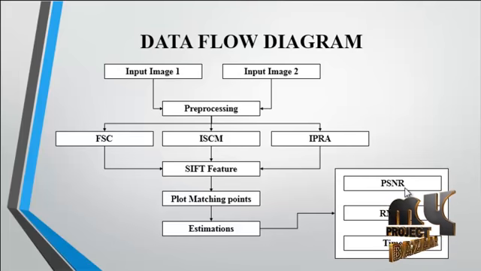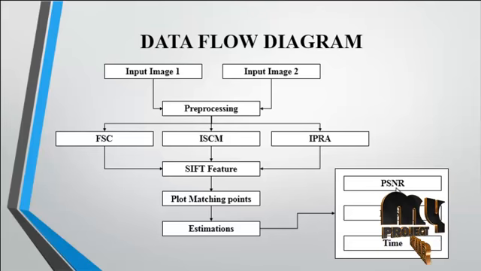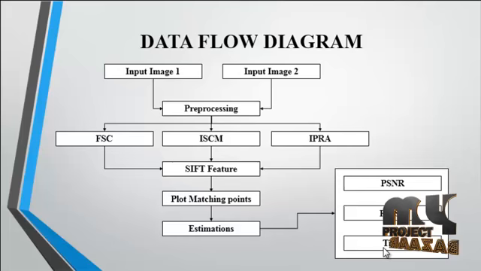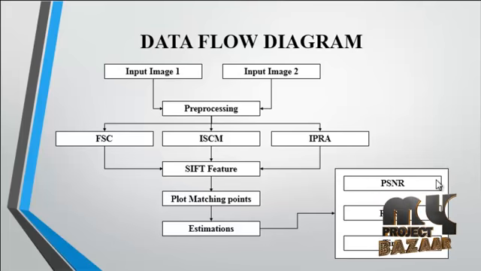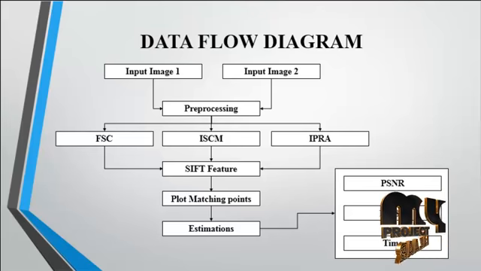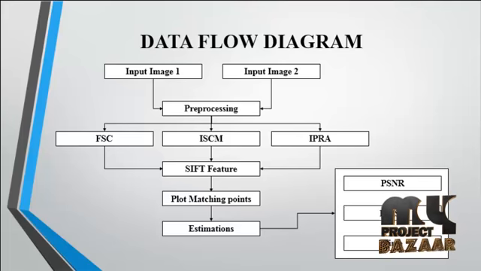The first one is the PSNR, the second is the MSE, and the third is the time. The PSNR is the peak signal to noise ratio, the MSE is the mean square error, and the time is also calculated. After calculating, these three are plotted in graph format. This is the overall data flow diagram for the process.